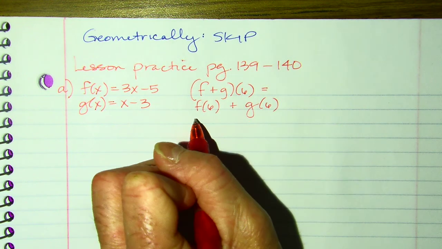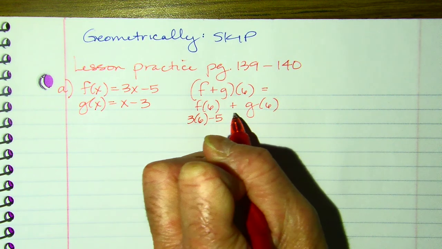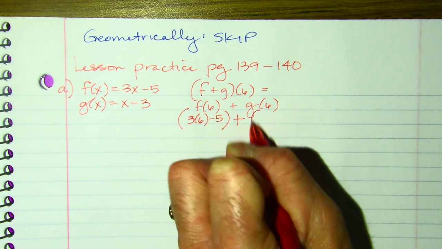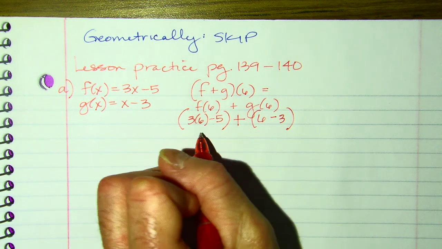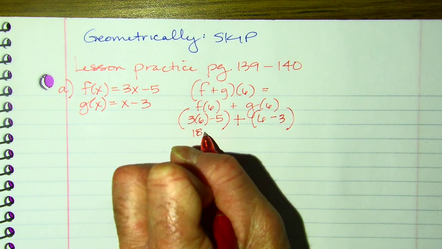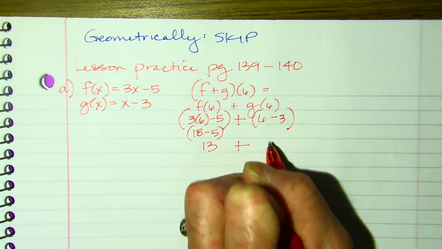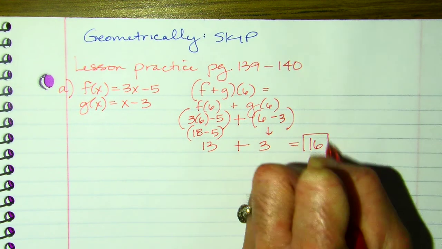So that would give me 3 times 6 minus 5, right? And if you want, you can put parentheses, plus the function of g at 6. So that would give me 18 minus 5, which is 13, plus 3, and that gave me 16.